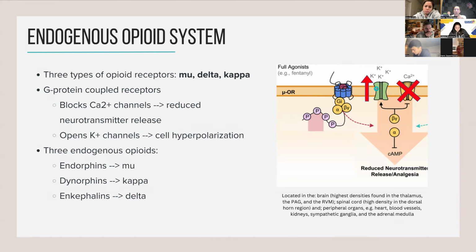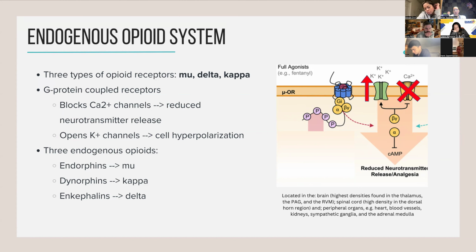Remember, like I said, when we open potassium channels, we release those positive ions, and because we're getting rid of positive, the inside of the cell becomes more negative, so it hyperpolarizes. Calcium is one of those ion channels in the presynaptic neuron that's involved in the release of neurotransmitters. So when you block the calcium channels, you're going to decrease the release of neurotransmitters. So it's going to decrease that signaling from occurring.